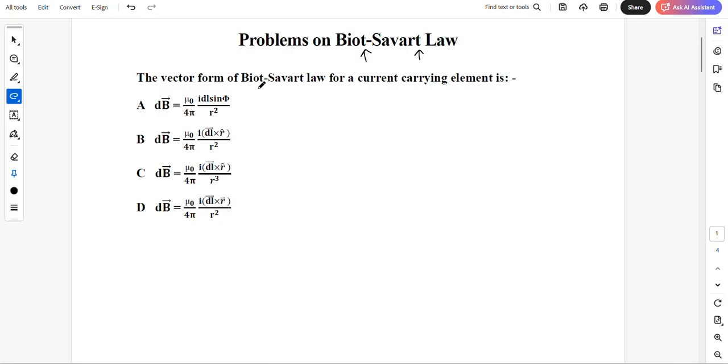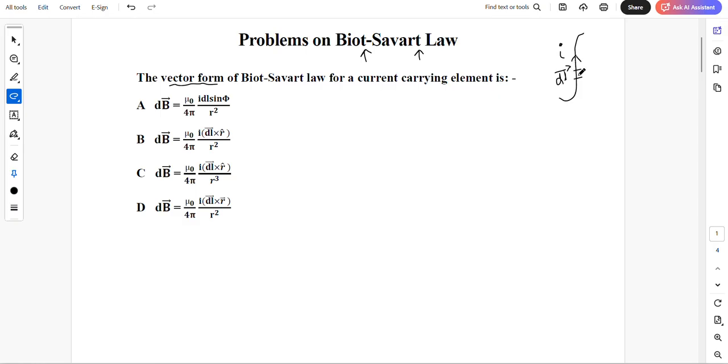The vector form of Biot-Savart Law for a current carrying element is, and they have given four options. You have to find the vector form of Biot-Savart Law for a current carrying element. Current I they have given, angle phi. Let us say an arbitrary current carrying conductor I. Now I will take a small current carrying element of length dl.